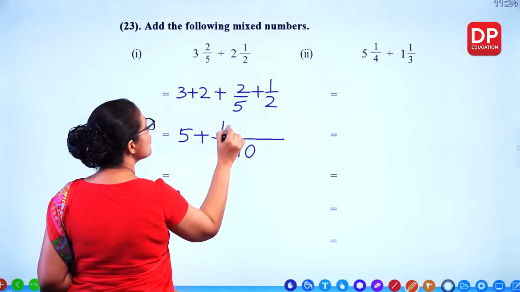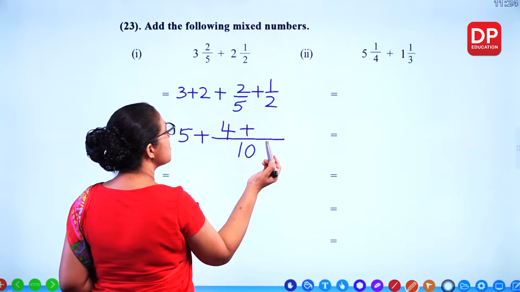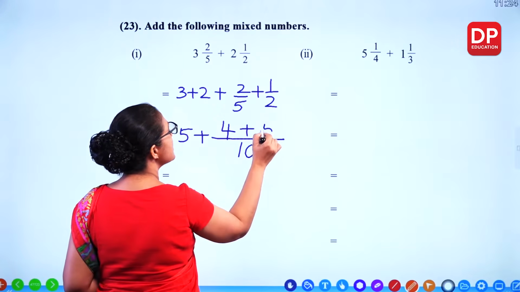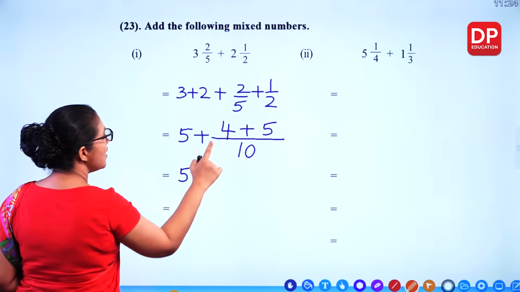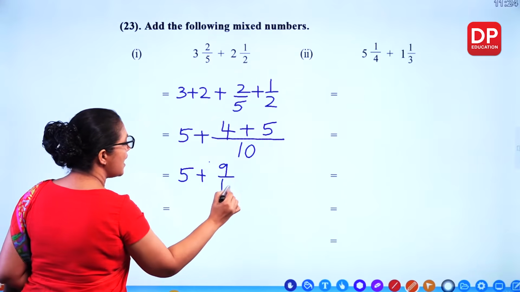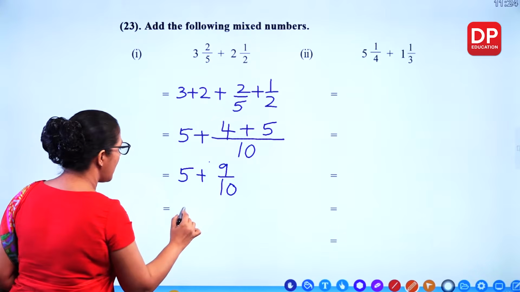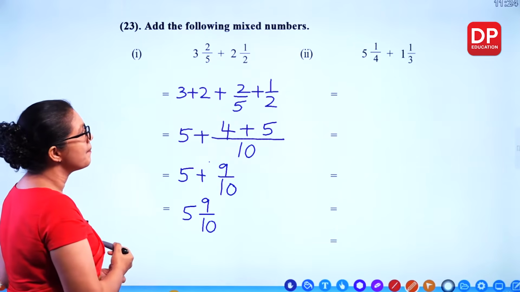So that means 2 times 2, 4. 2 to 10, that means multiply by 5. 5 times 1 is 5. Now you can see 5 and 4 plus 5 is 9. 9 over 10. As a mixed number, I can write 5 and 9 over 10.